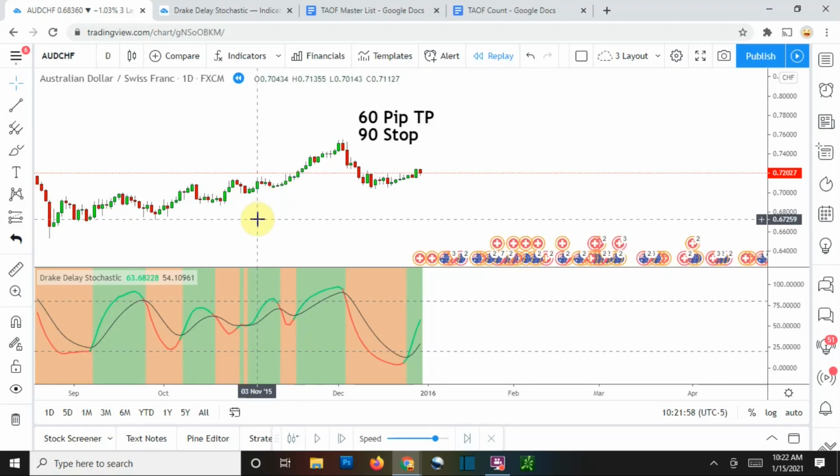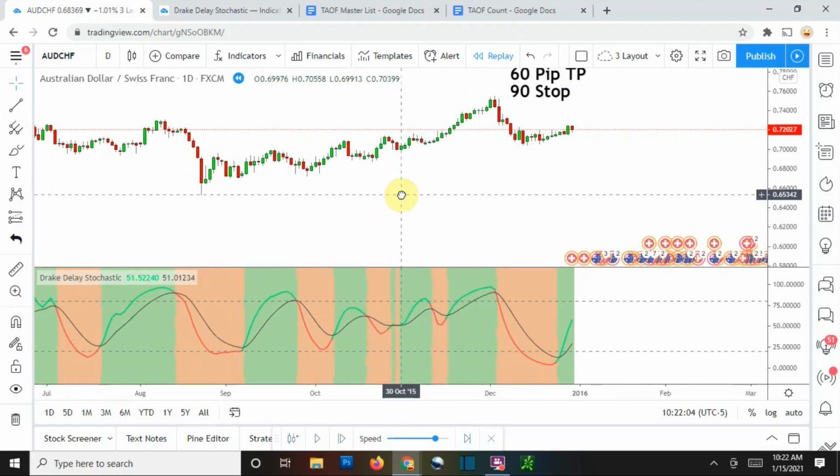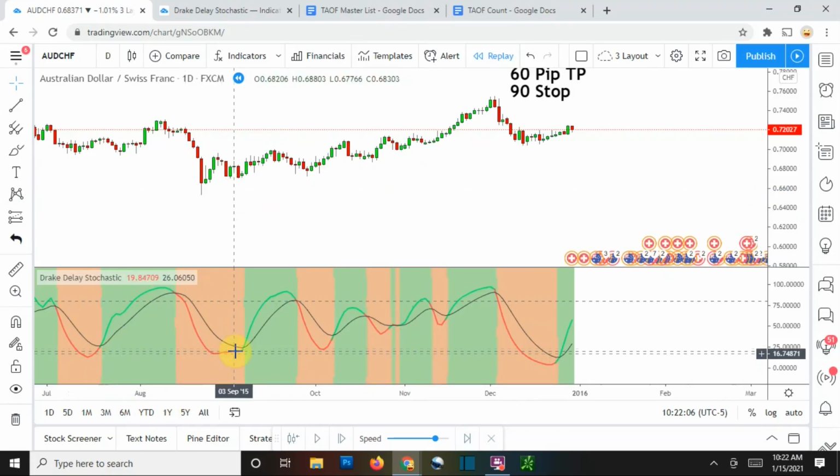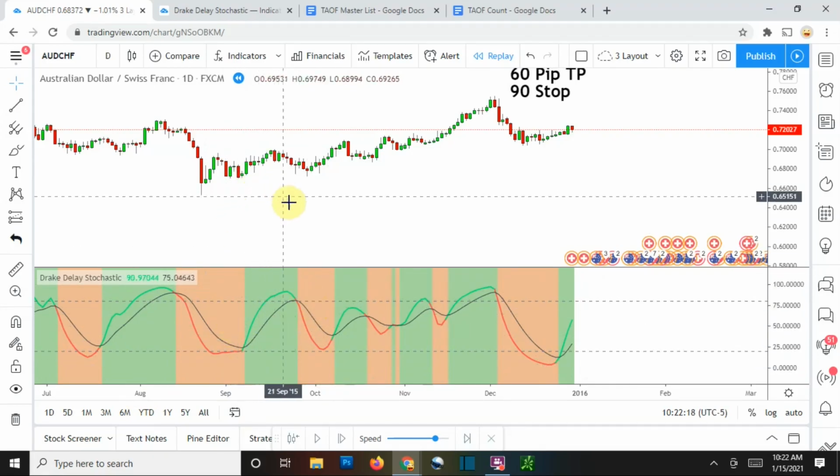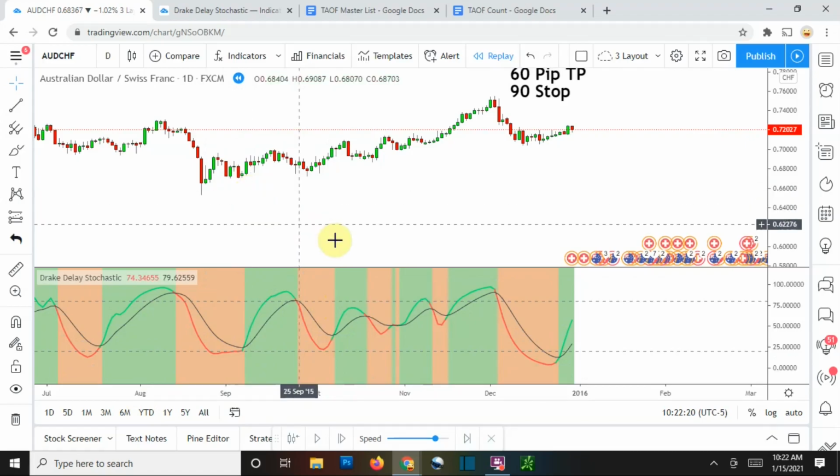The other way we could test it is if we waited for the stochastic line to get to either the overbought or oversold zone, get above or below those areas, and then wait for a reversal signal.